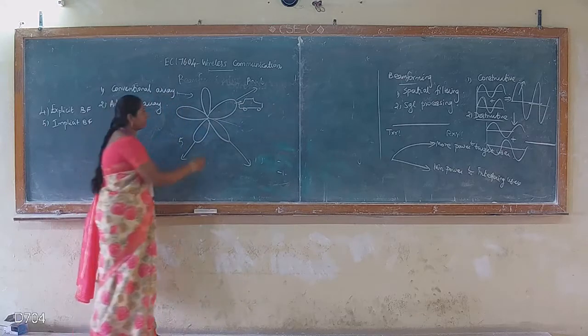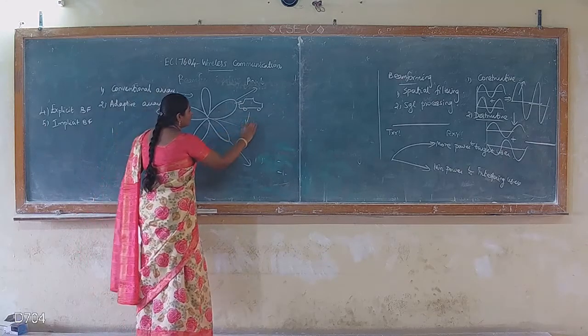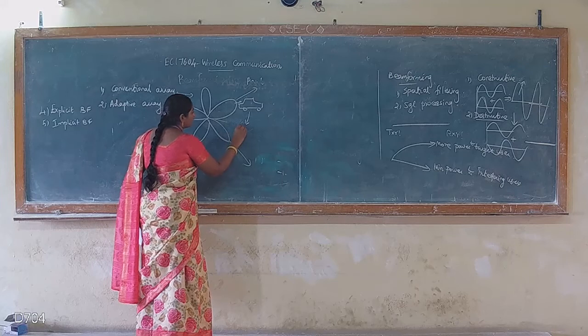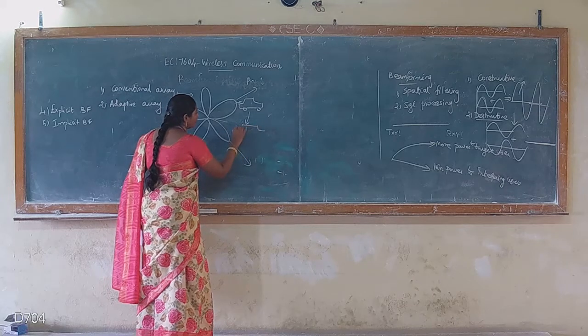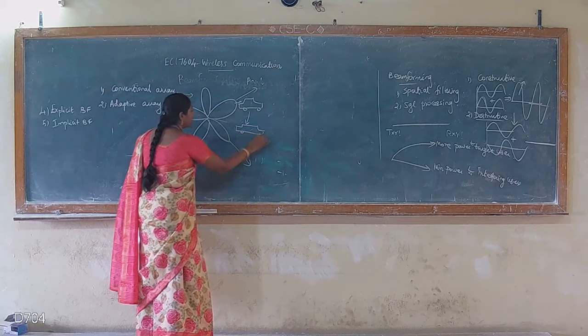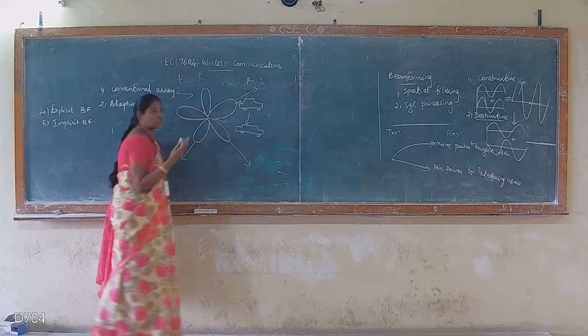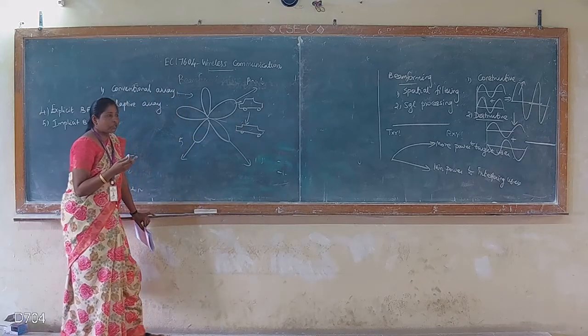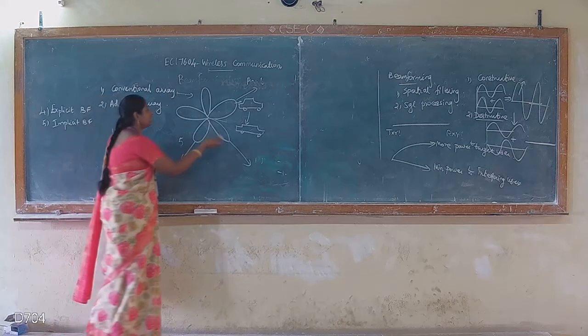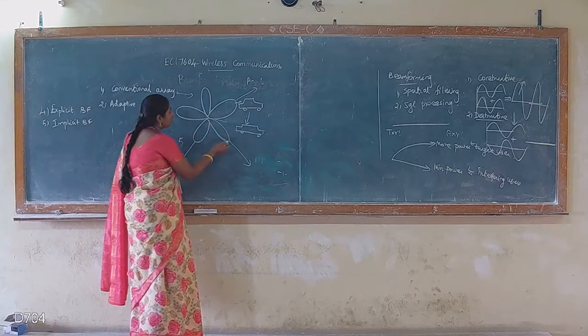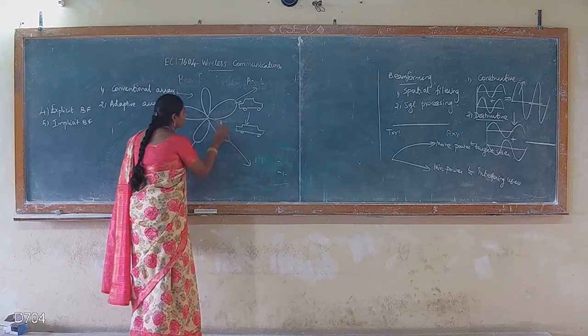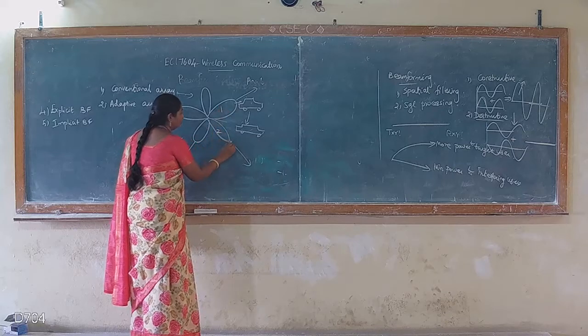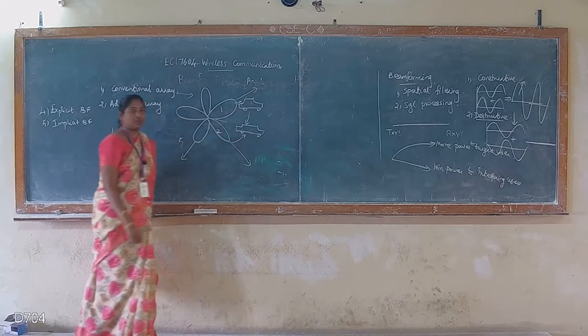Suppose the mobile user moves in this direction, and at this time the mobile user is here. In this place there is no beam, so the nearest beam is assigned to the mobile user. Which one is the nearest beam? This is beam 1, this is beam 2, so beam 2 is assigned to the mobile user.